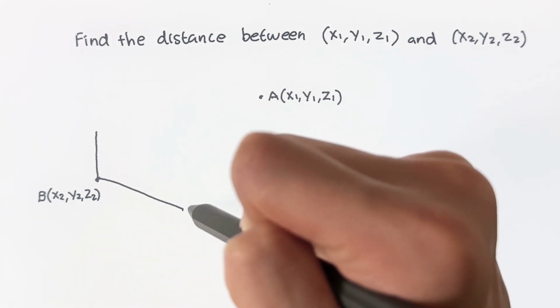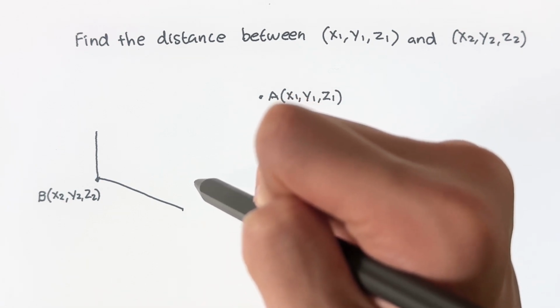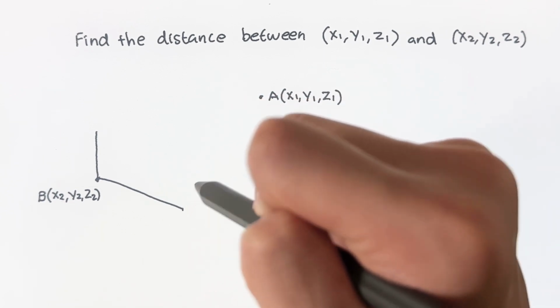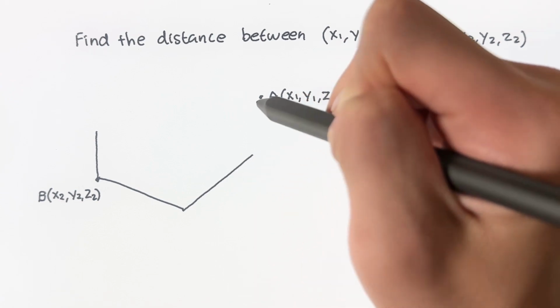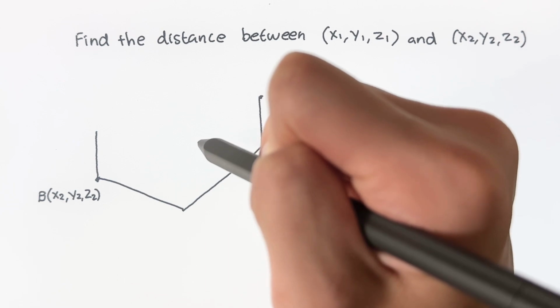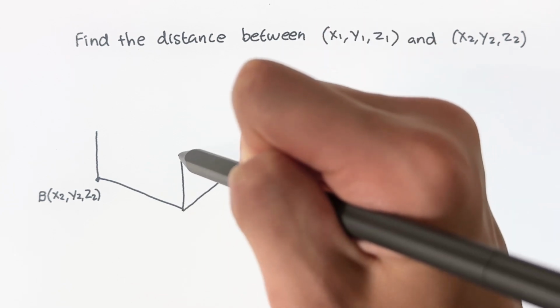So we can just construct sides based off the coordinates, and then the edges are parallel to the coordinate axis. So we'll just draw the sides of the rectangular prism.